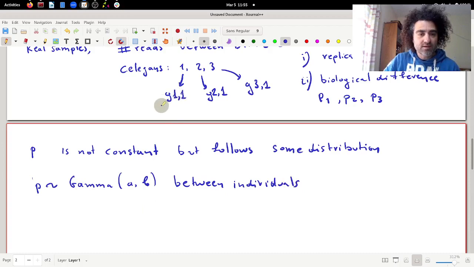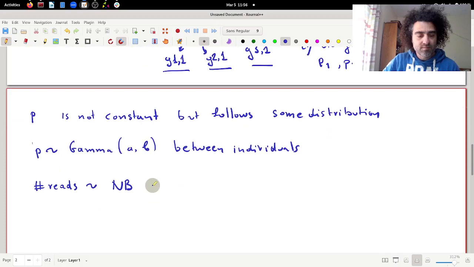then these numbers, the number of reads between individuals now, follow a negative binomial with parameters alpha and beta here.